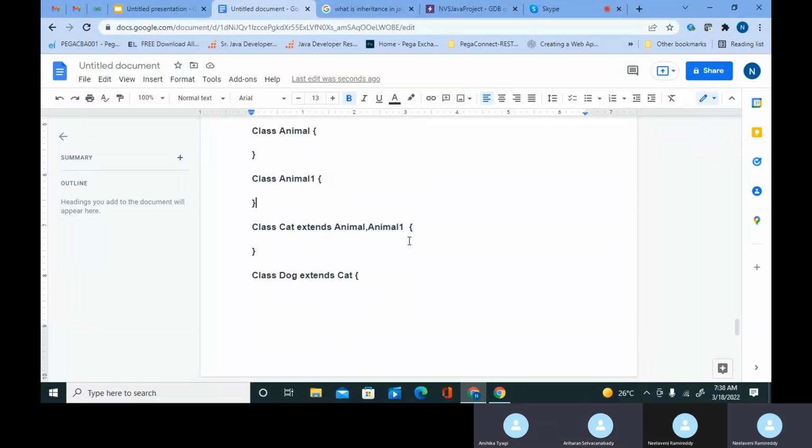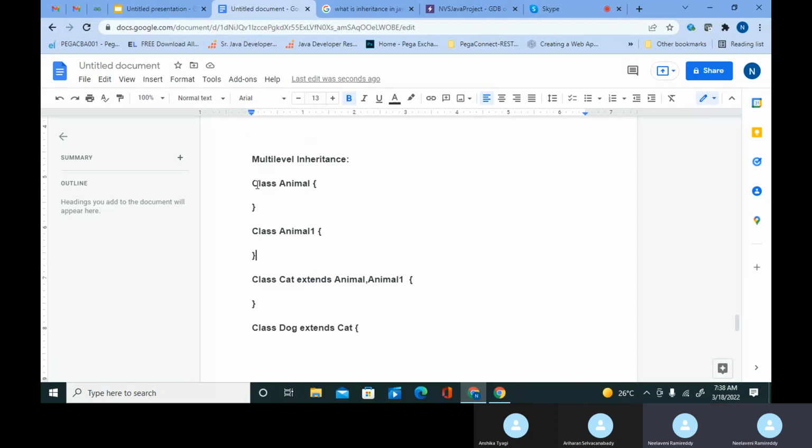Generally, one child doesn't have two parents, right? Definitely it will be one parent only. So through a class alone you can only extend a single parent.